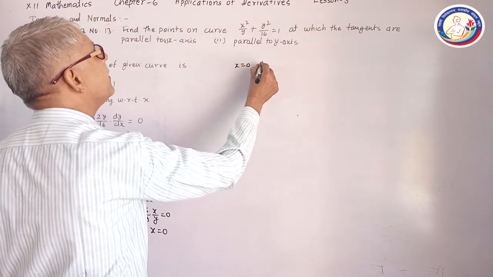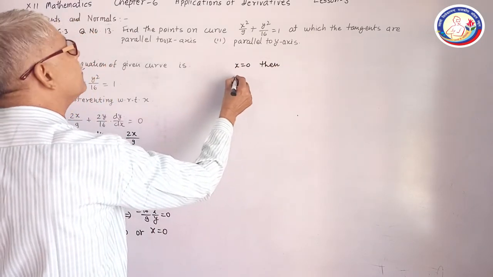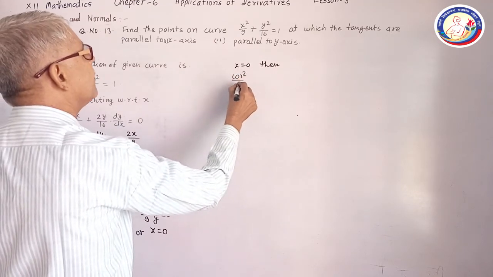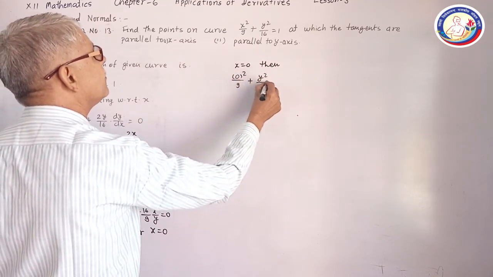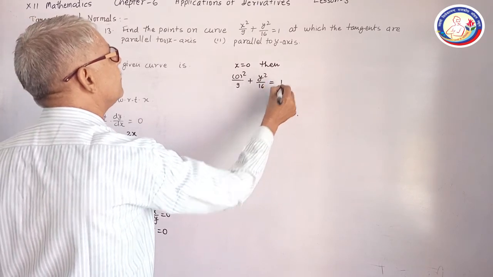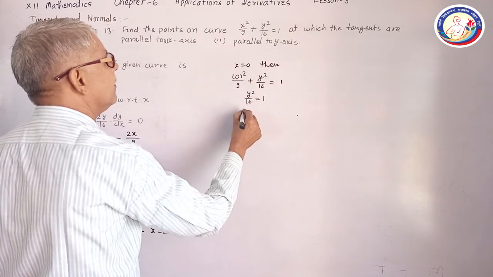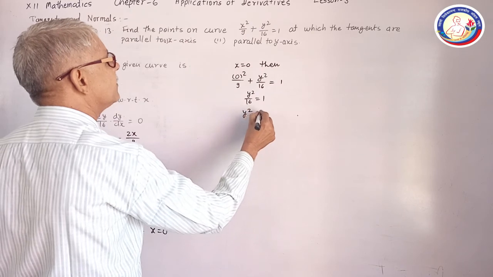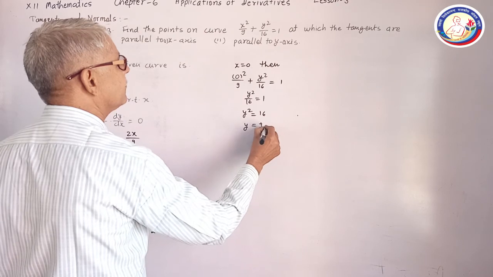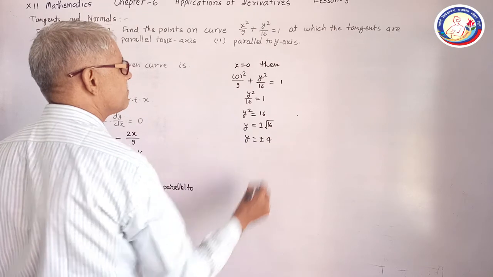If x equal to 0, then 0 upon 9 plus y square upon 16 equal to 1. So y square upon 16 equal to 1, and y square will be 16, and y equal to plus minus square root of 16, that is y equal to plus minus 4.